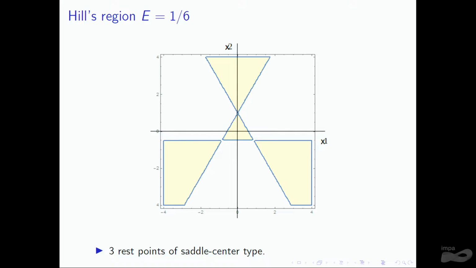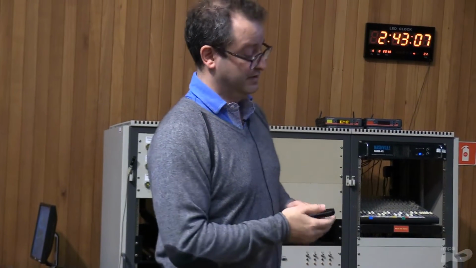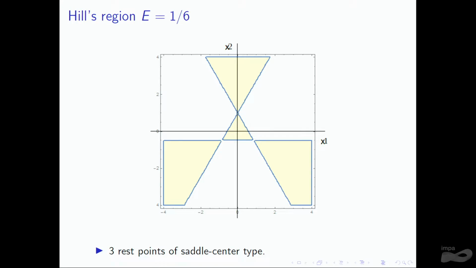The point in that energy level which projects here is a saddle-center equilibrium point of the flow, meaning that the linearization of the vector field has a pair of purely imaginary eigenvalues and also a pair of real eigenvalues with opposite signs. So it has a two-dimensional part which is hyperbolic, and a two-dimensional part which is a center.